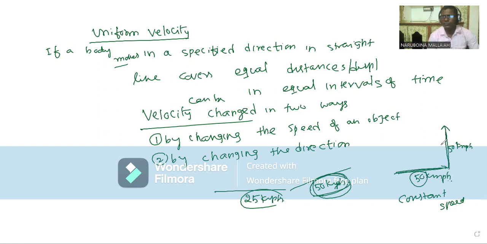In this direction also, it is moving 50 kilometer per hour. Then I say constant speed. But we should not say constant velocity. Though the speed is same, the direction is changed. So that's why velocity is changing. Here, this is not constant velocity. Direction changes means velocity also changes. Due to direction, velocity is changed.